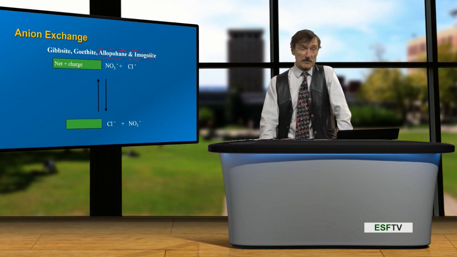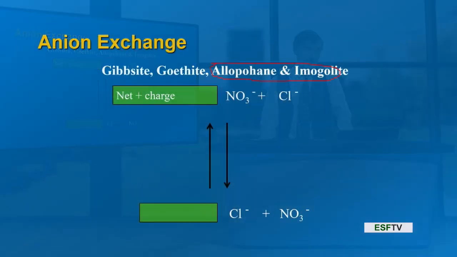We have adsorbed anions for these particular colloids. It's really neat for allophane and imogolite because these two really glom onto phosphate, an anion. And so here's the illustration. It's the same as with cation exchange, a balanced reaction, a net positive charge. We replace the nitrate with a chloride. Okay, make this exchange.